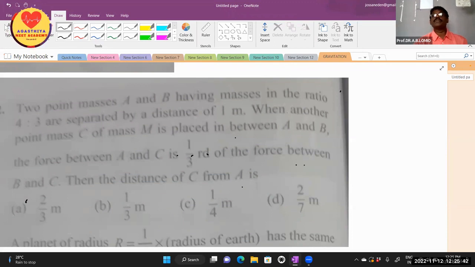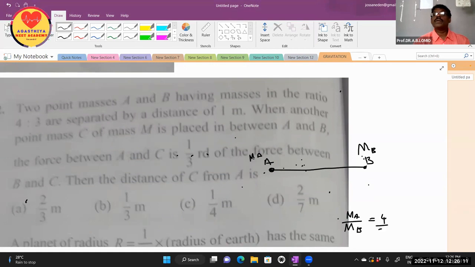Two point masses, say A and B, having the ratio 4/3. Say this is MA, MB, which are separated by a distance of 1 meter.